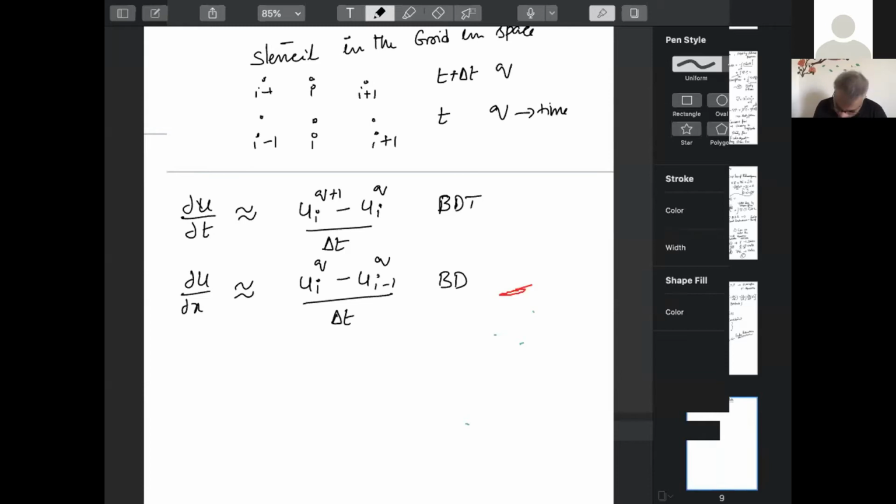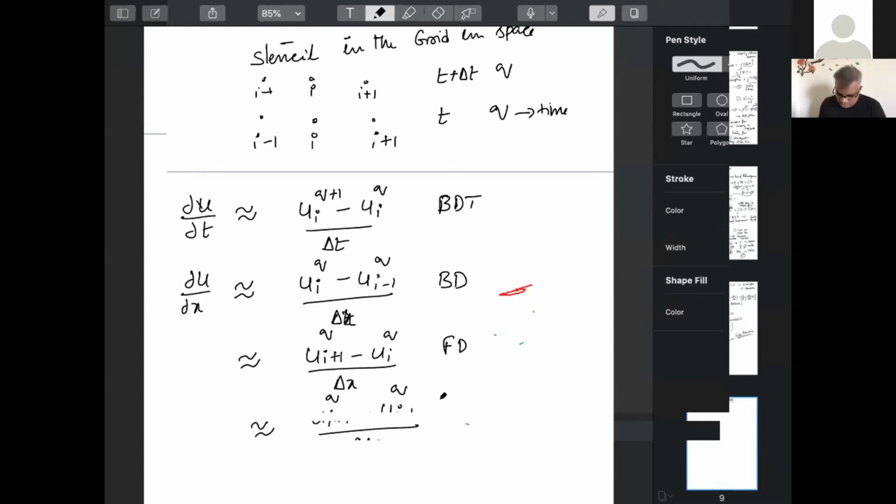And if you approximate this with u_(i+1) at q minus u_i at q, by Δx, this is forward difference. And the same thing, you have u_(i+1) q minus u_(i−1) q by 2Δx. So this is the terminology that you get.